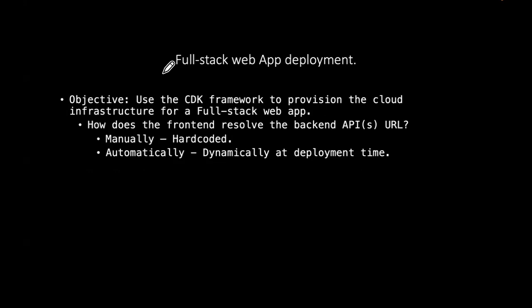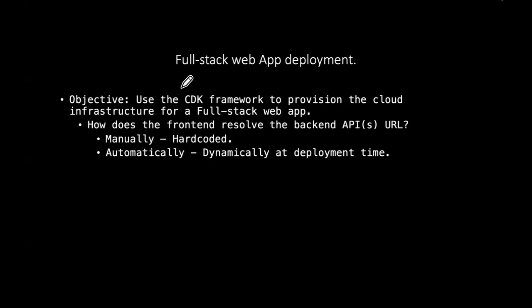a proper full stack web app where we've actually got a front end communicating with a back end, where our back end is also deployed on the AWS cloud. Because we have developed a serverless backend, we'll just use that as our API backend.